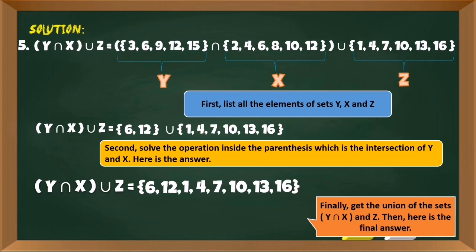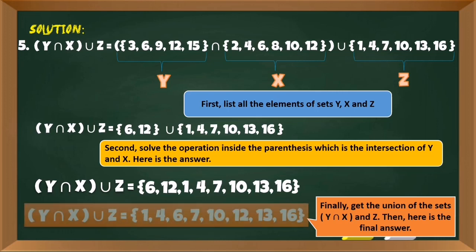To make it uniform, if the elements of the set are numbers, then arrange your final answer in increasing order. Therefore, the final answer is Y intersection X union Z is equal to the set that contains the elements 1, 4, 6, 7, 10, 12, 13, and 16.